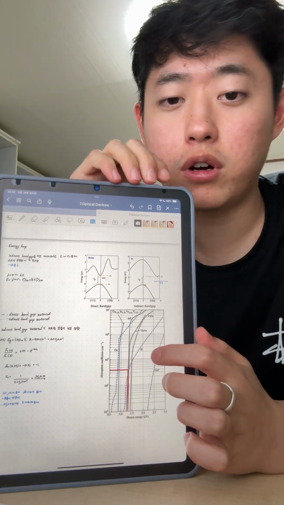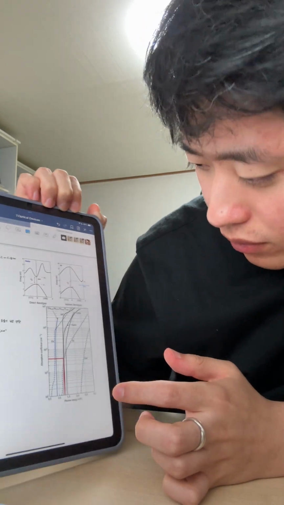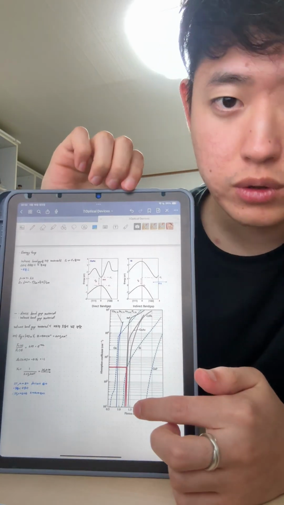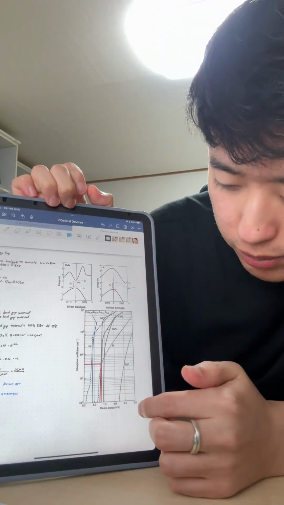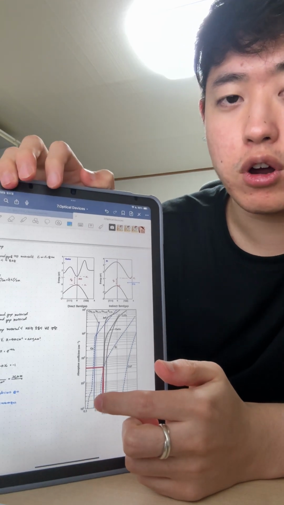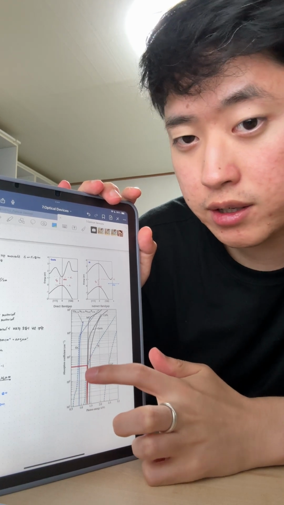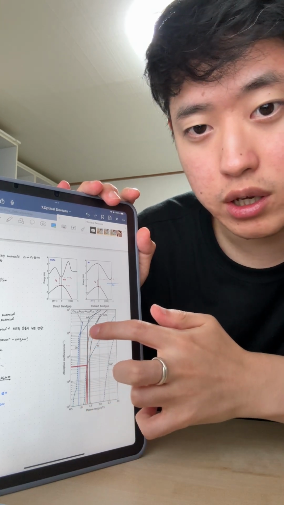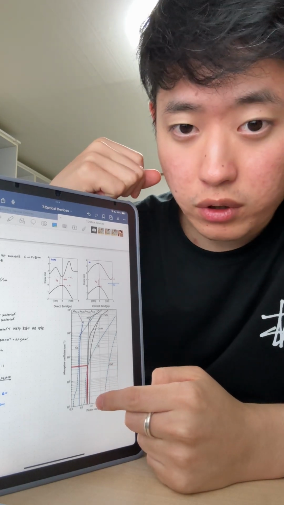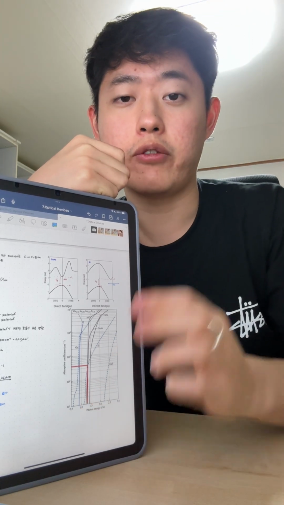This is the graph of the absorption coefficient alpha versus photon energy. As the energy goes up, alpha gets bigger. The blue dotted line is the indirect material, and it goes up gradually. The direct material is this black line, and it is very steep.